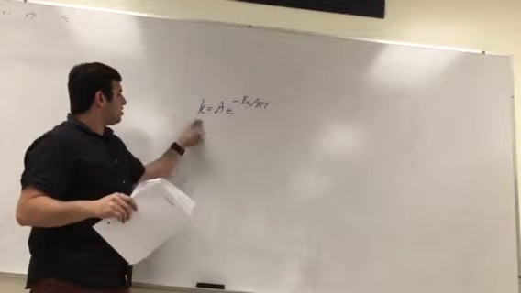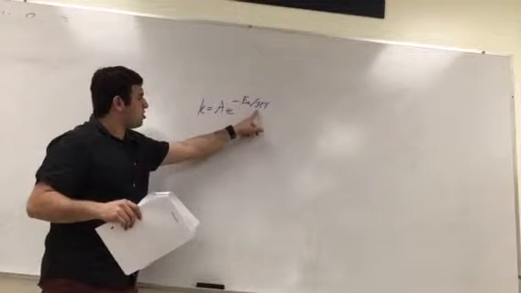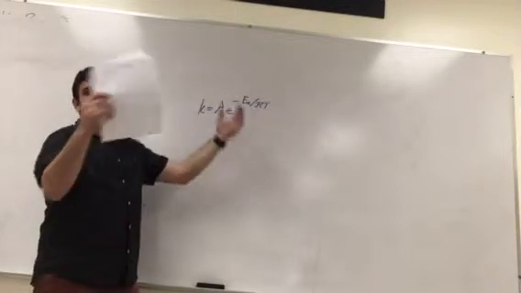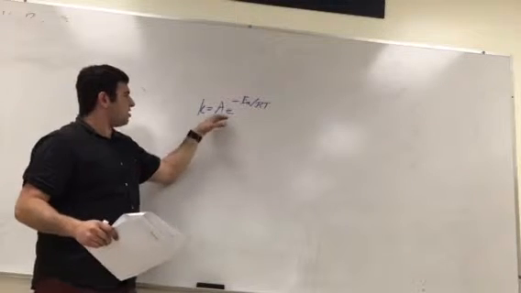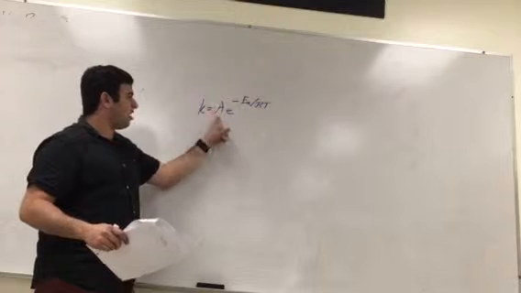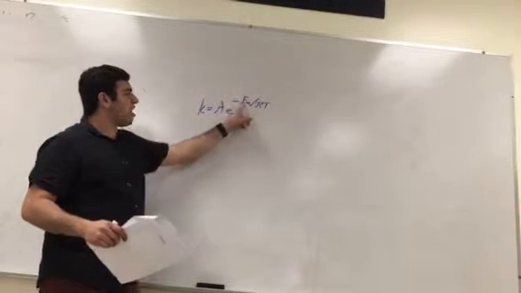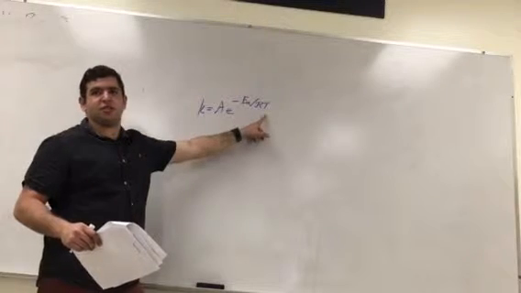But this is little k, and then activation energy, temperature, R, and then some constant. He'll give you the value of A: what is the rate constant if the activation energy is this at this temperature? And just plug and chug there.